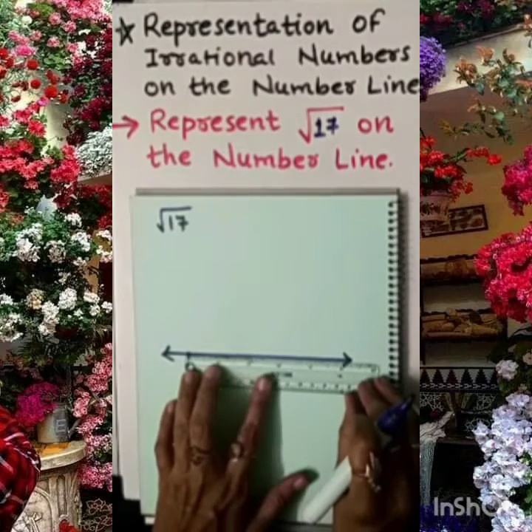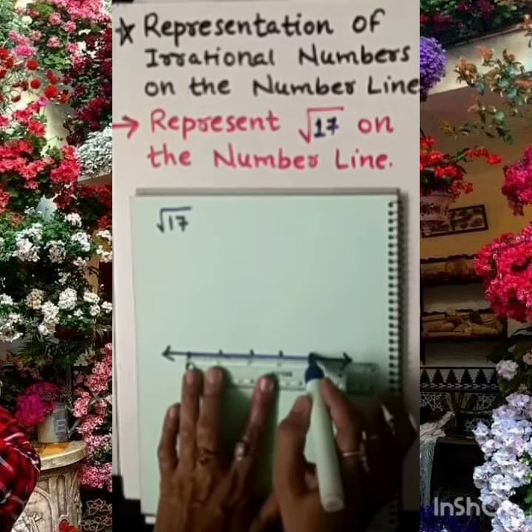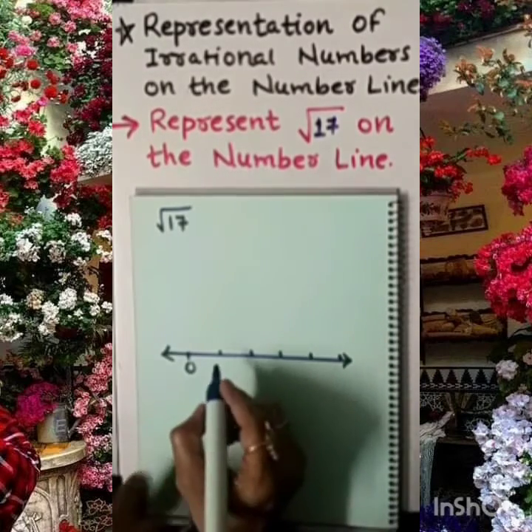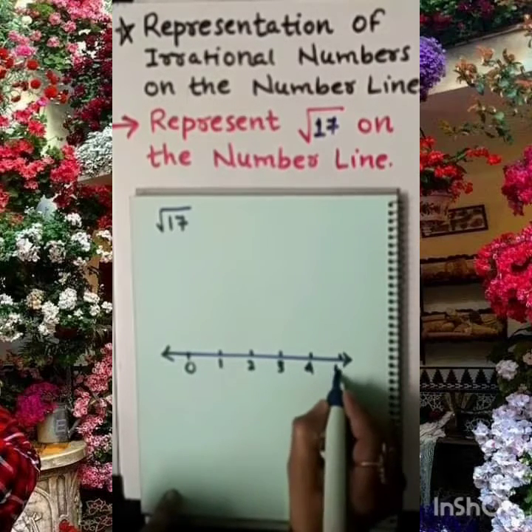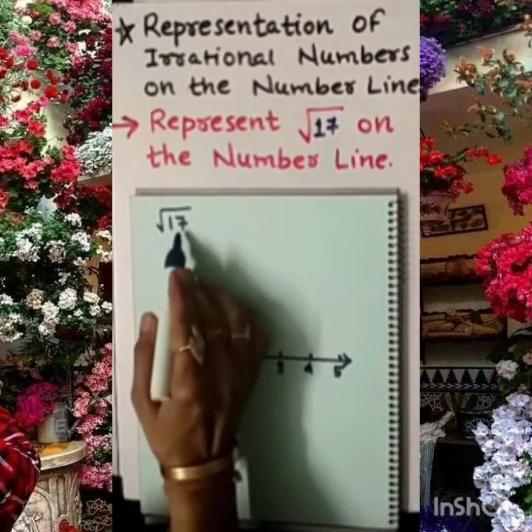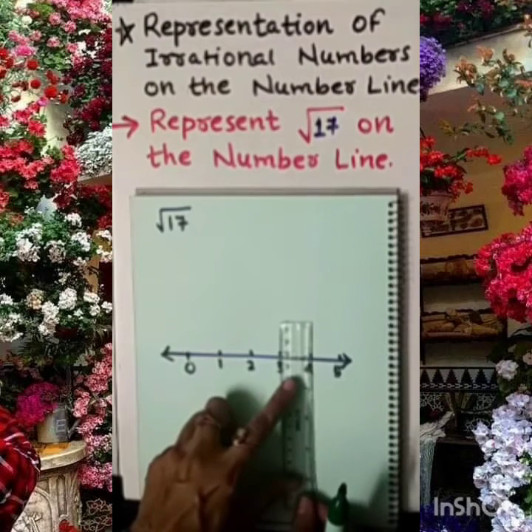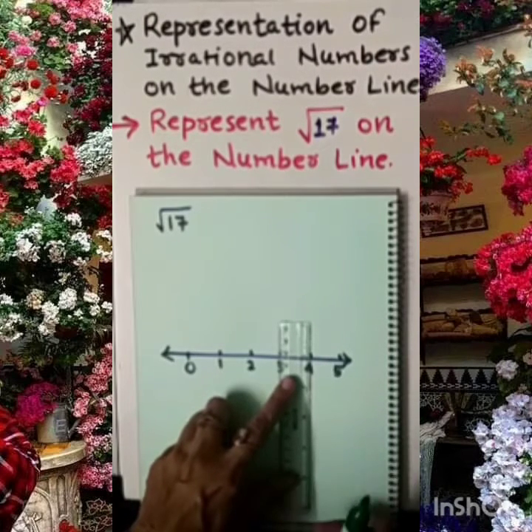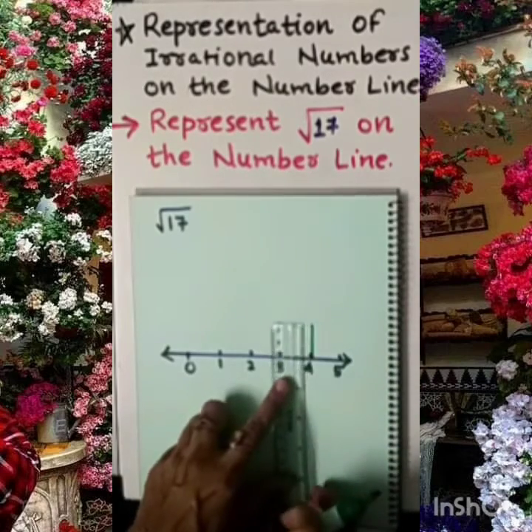So here, according to that, this is 1, 2, 3, 4, and this is 5. As we know that under root 17 is nearest to under root 16. Under root 16 is 4, you know, dear student, right? So here, directly I am drawing one perpendicular line of 1 unit at 4. This we need to do here, okay?